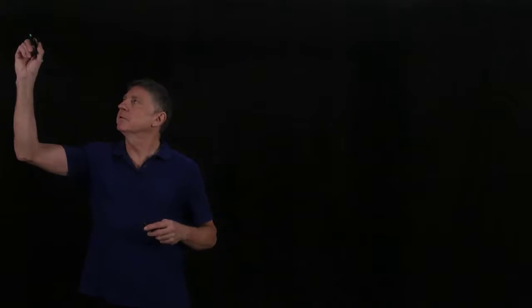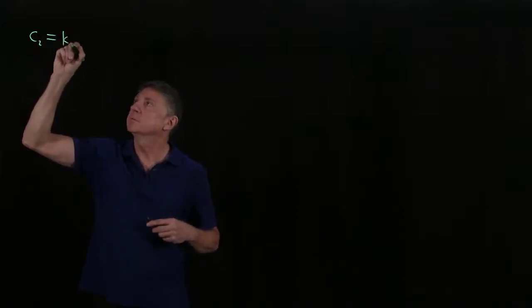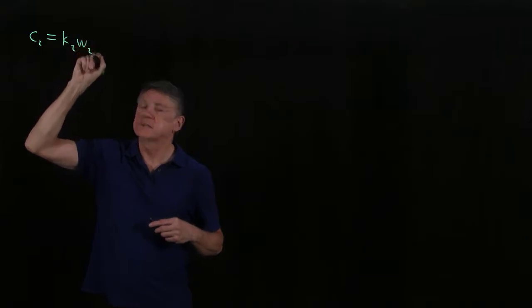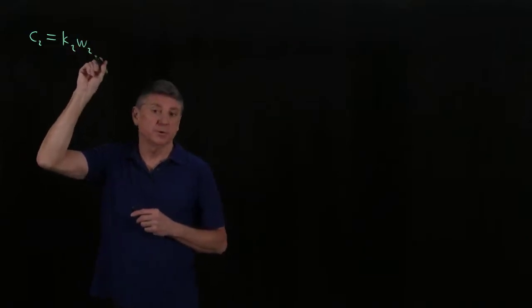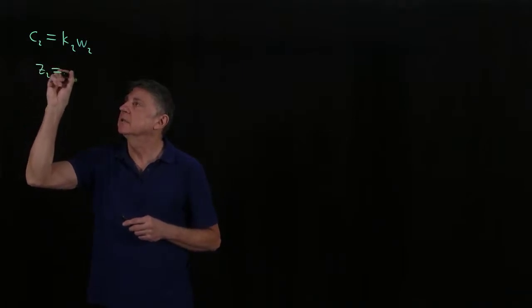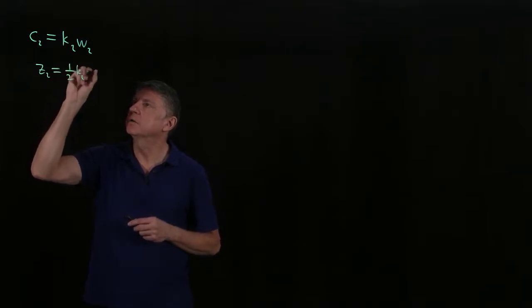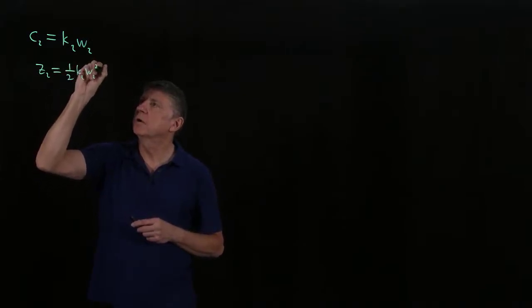Now, let's write down our objective. So we'll write down our governing equations again, which is that the force produced by or on spring I is the spring constant times the displacement. So W1 and W2 are our variables here, and the energy in that spring is 1/2 of the spring constant times the square of the displacement.